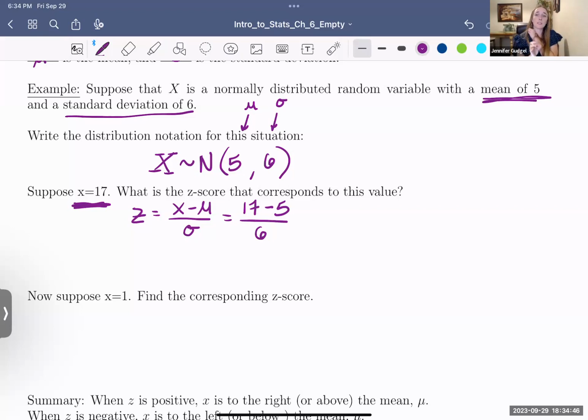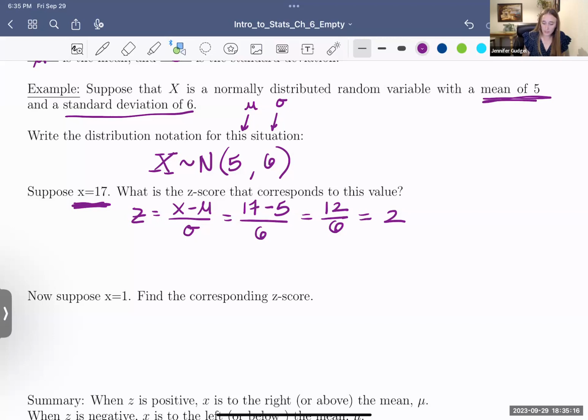Now, if you're putting this into your scientific calculator, you have to be careful that you either wrap the numerator in parentheses, or you do a two-step process where you subtract 17 minus 5 first and then divide by 6, because this is a grouping symbol, and parentheses or any other grouping symbols go first in our order of operations. So this is 12 over 6.